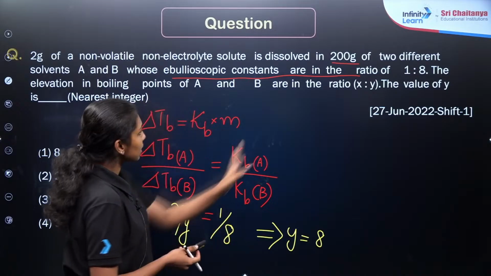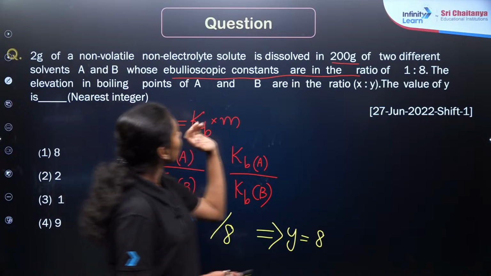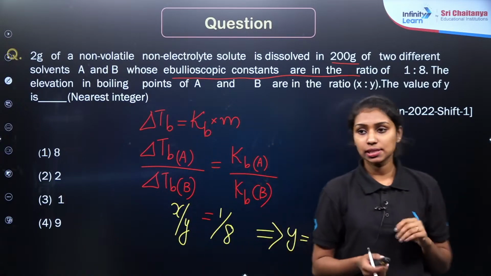Because x is to y is the ratio of elevation in boiling point, and 1/8 is the ratio of ebullioscopic constants for the solvents.